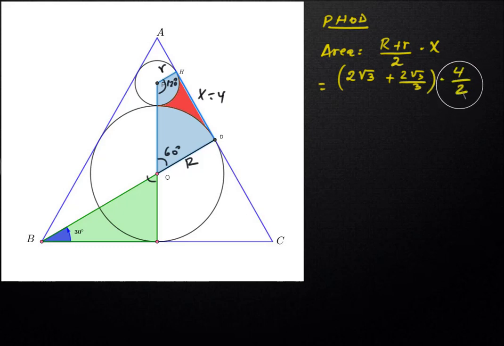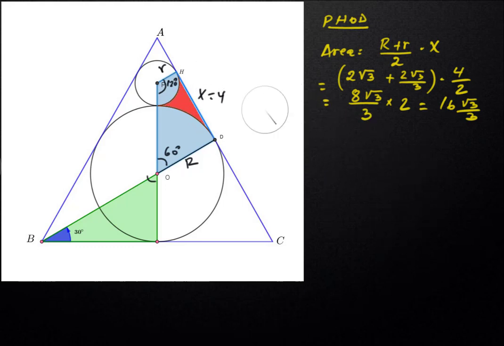That's 4 over 2. So we do the multiplication here. We get 6 plus 2, it will be 8 square root of 3 over 3 here times 2. Okay, 4 divided by 2 is 2. So that makes it 16 square root of 3 over 3. So that is the area of our trapezoid.